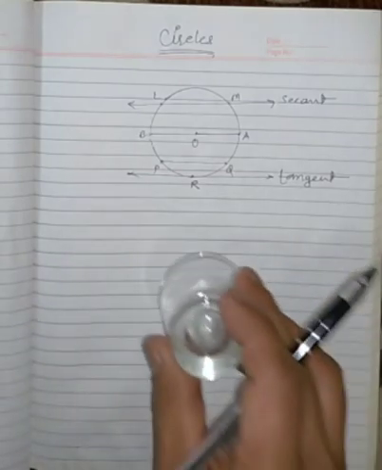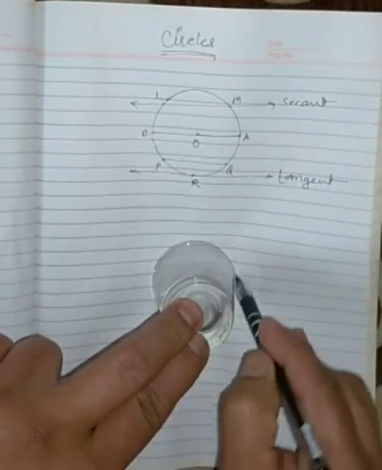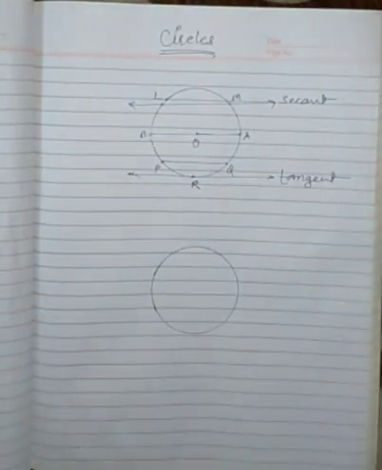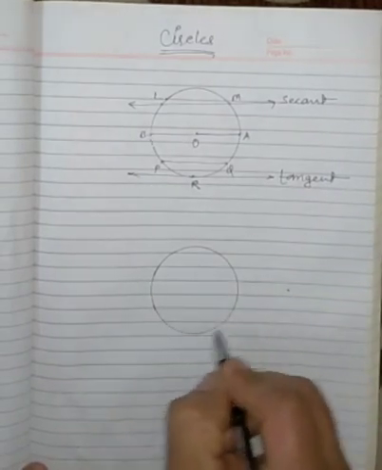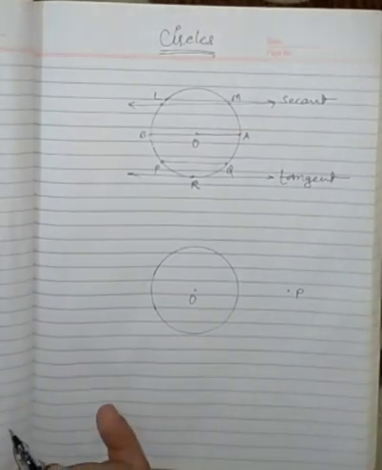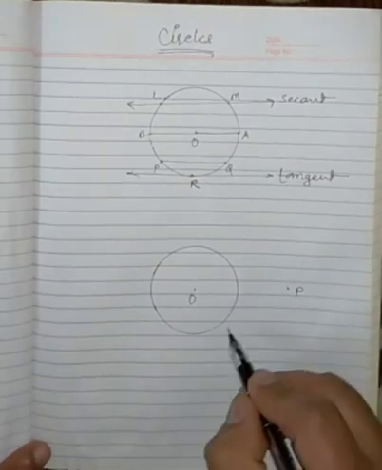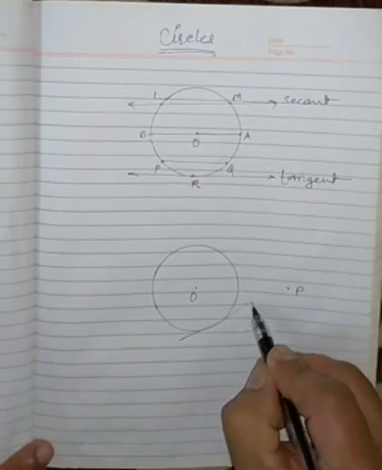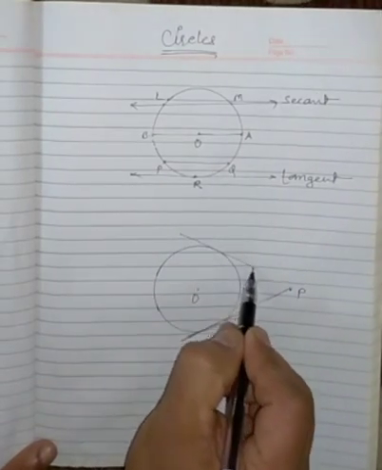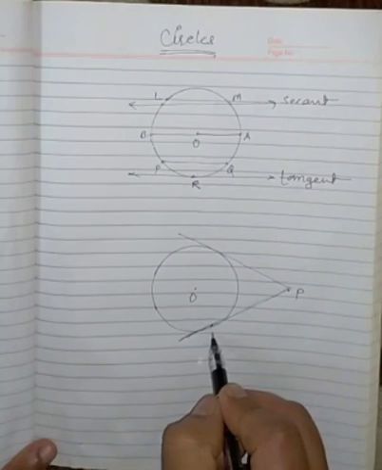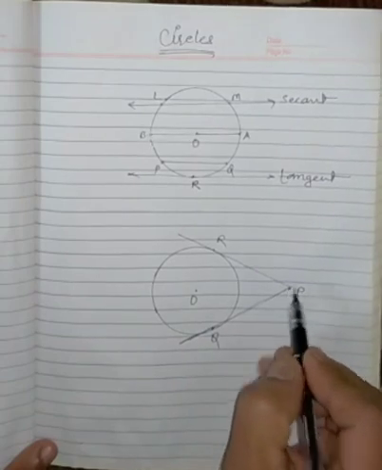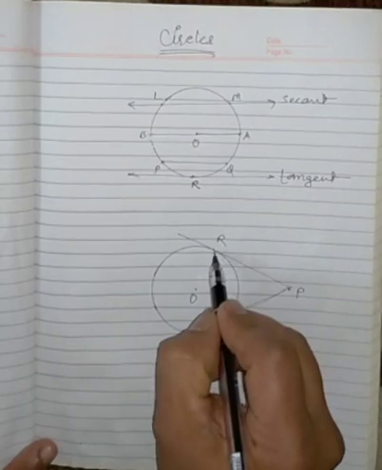And the second theorem is: suppose this is any circle with center O. This is any external point, let it be P. And from this external point P, if we draw two tangents here, intersecting the circle at one point, let it be Q, and here let it be R. So the tangents drawn from the external point are equal in length.